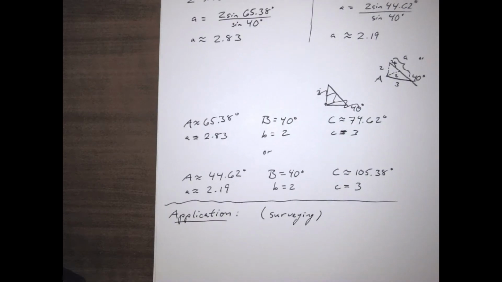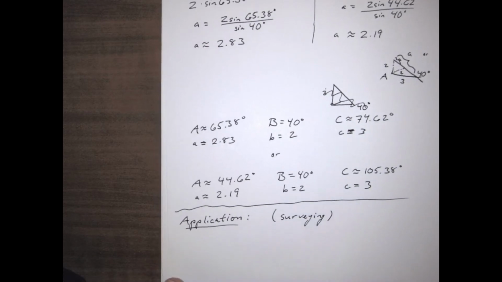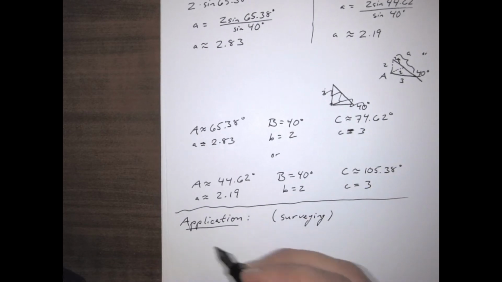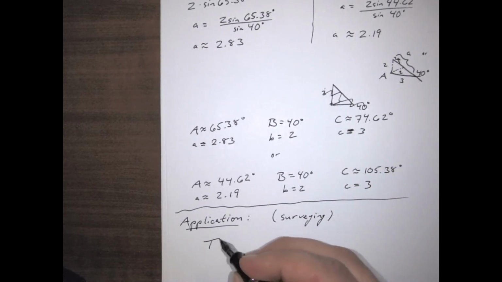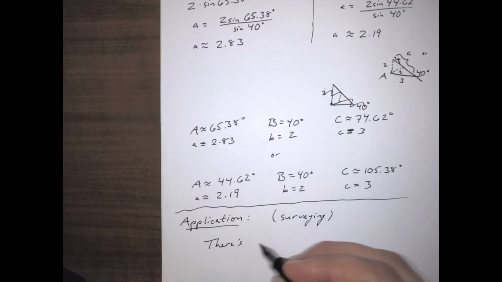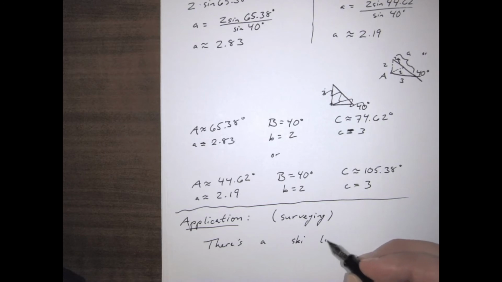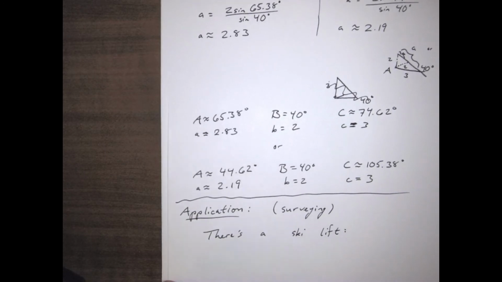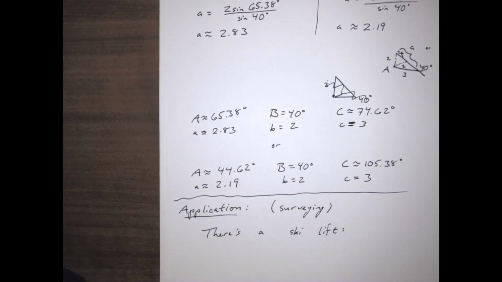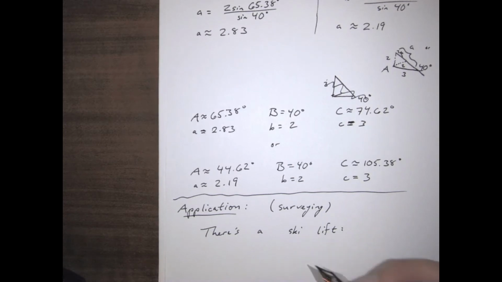So let's say that we have a ski lift, and we measure it twice from 2 different points, and we want to find out the distance from the base to the height.